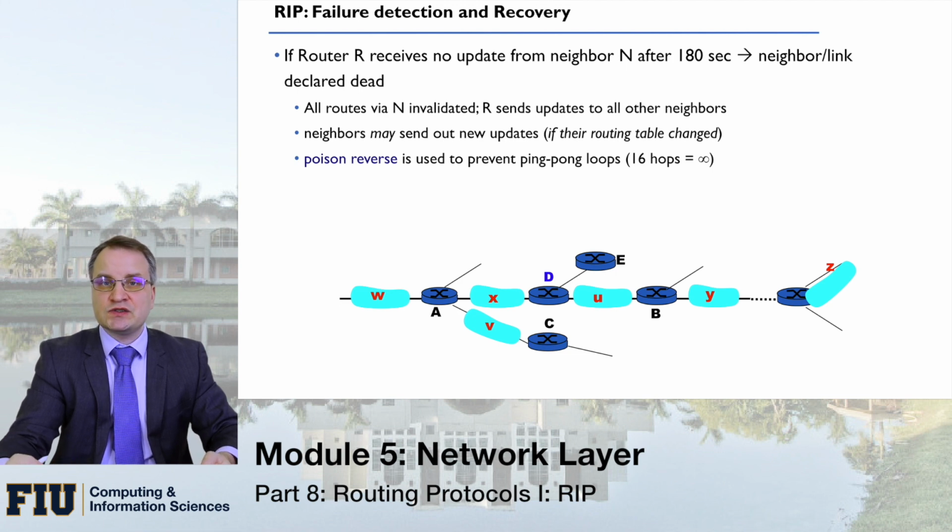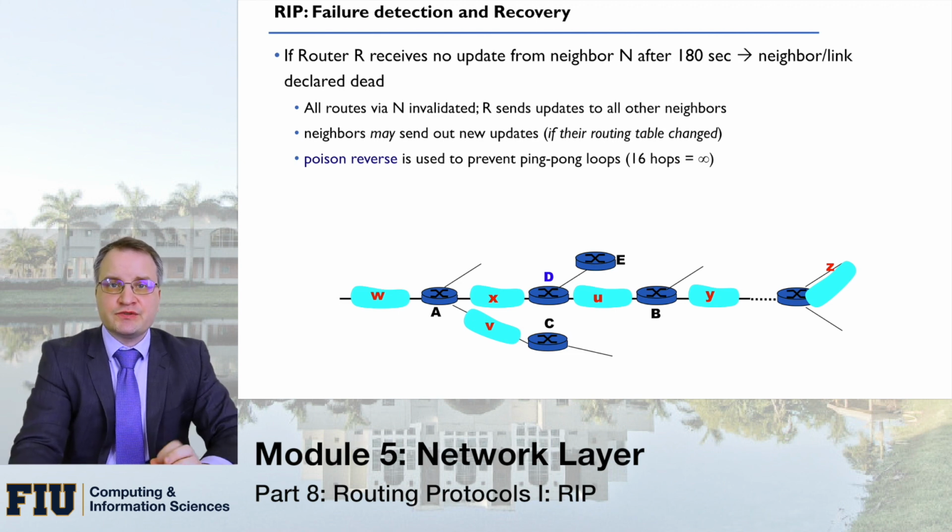So you can assume you receive some update, even if something changes, you locally recalculate your routing table, but you do not send out any information outside if you have some new information, because all these changes are quite rapid. And on top of that, we're still using poison reverse in order to prevent some form of ping-pong looping.